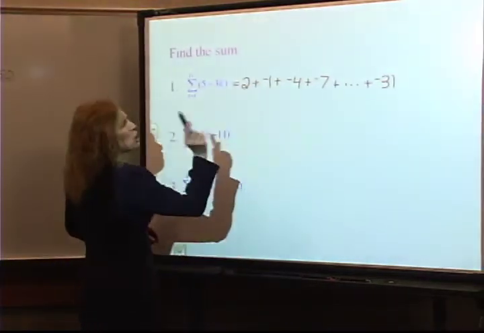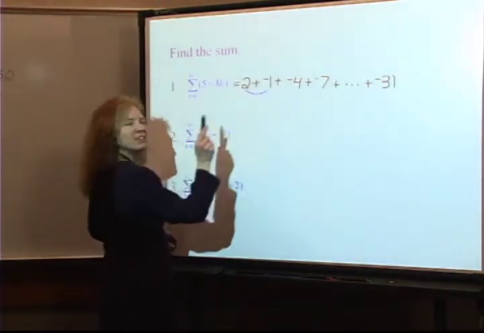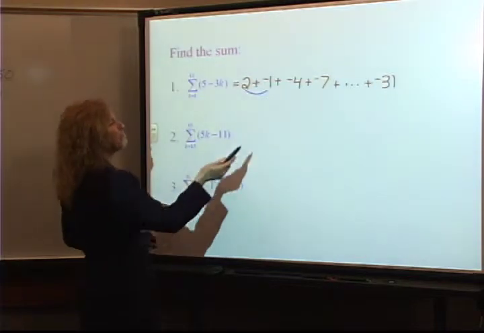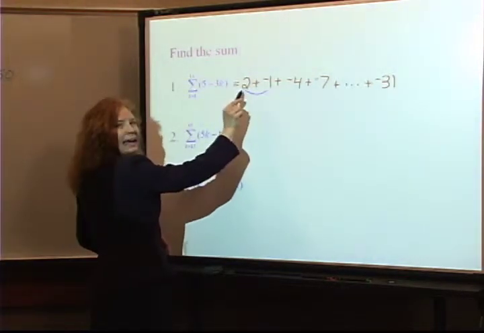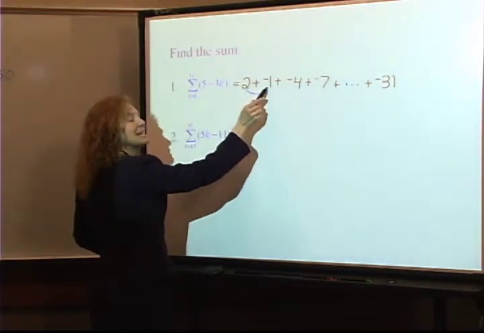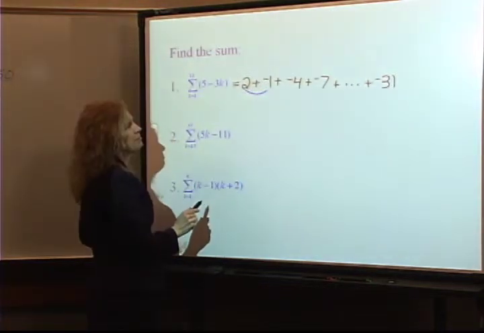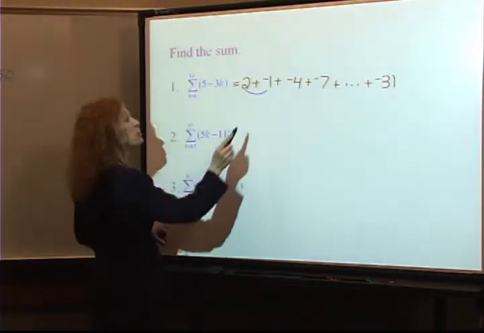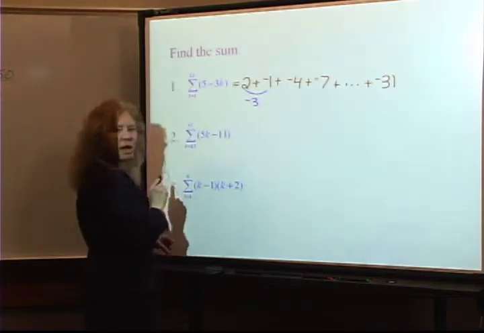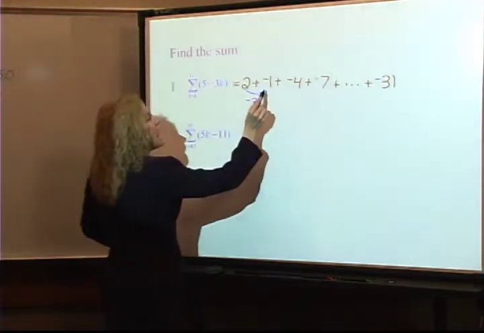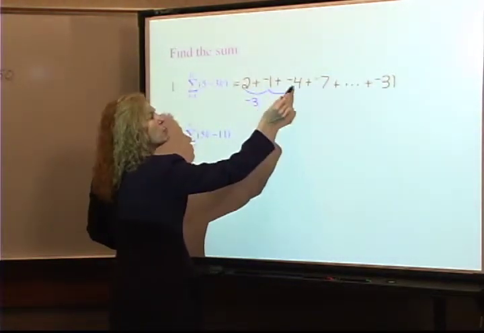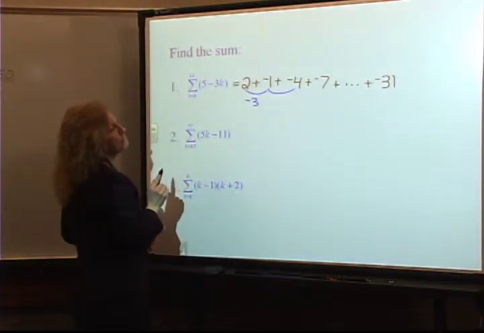But you need to determine if this is arithmetic. What would you add to 2 to get to negative 1? I know that seems a little bit weird, but you'd be adding a negative 3, right? And what do you add to negative 1 to get negative 4?